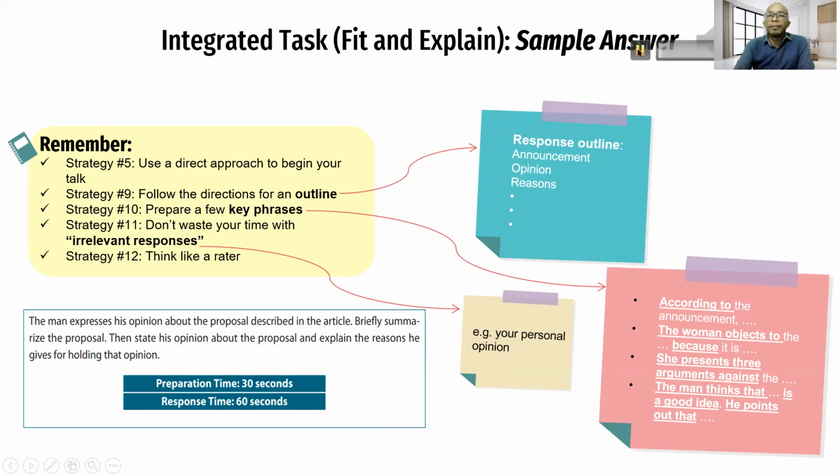The proposal is about the computer department's decision to add evening classes. So at the beginning, the student directly addresses the question by giving the announcement summary. Remember, summarize the announcement by stating the key point from the passage.